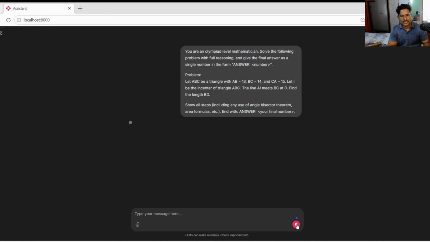Then it's going to go back and invoke those mathematical parameters, and then come back and give the answer. So the backend is going to do all the logic of how we are going to do it, and then give the answers. Here I asked it to show all the steps, including the use of the angle bisector theorem and area formulas, and give me the final number of that answer.